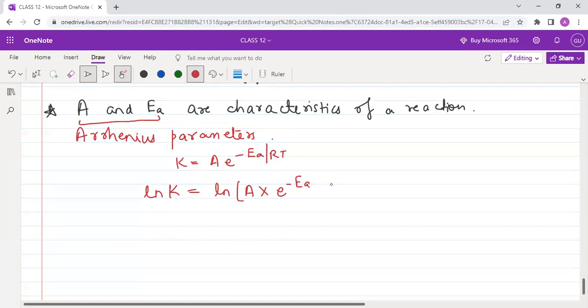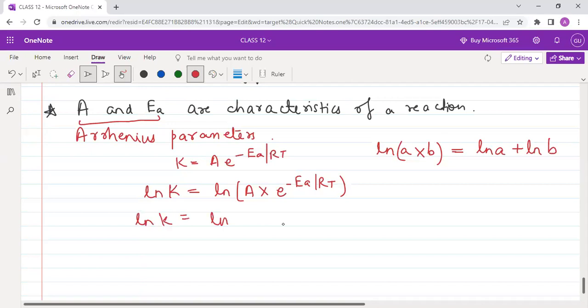And you know that ln of A into B is equal to ln A plus ln B. So we can write ln K is equal to ln A plus ln e raised to the power minus EA by RT.